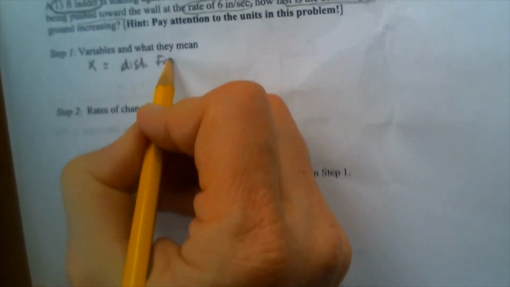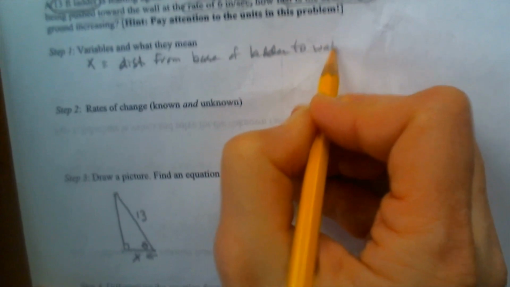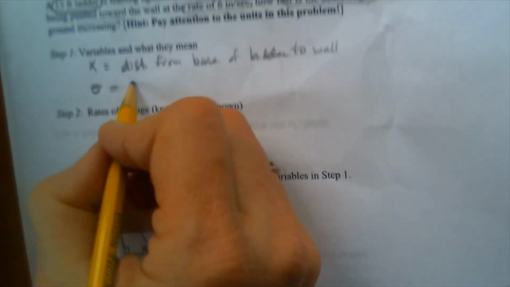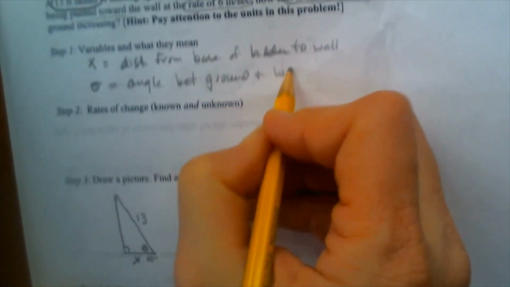So we have x, which is the distance from base of ladder to wall. We have theta, which is the angle between ground and wall. And that's it.